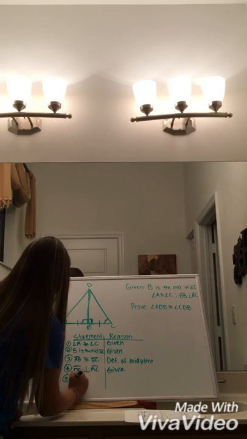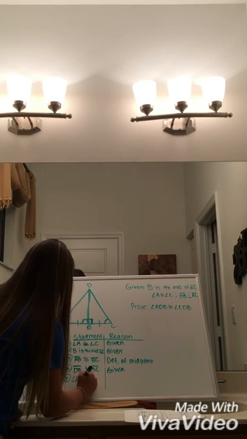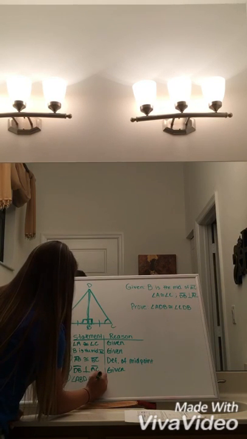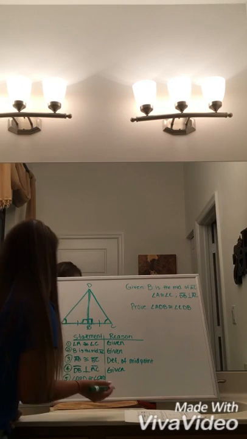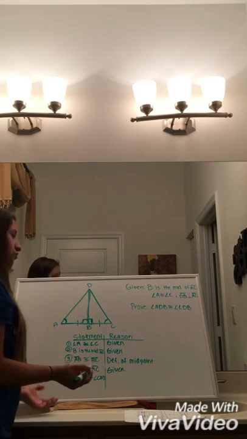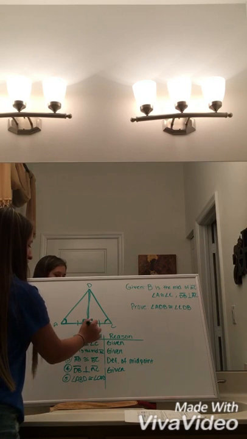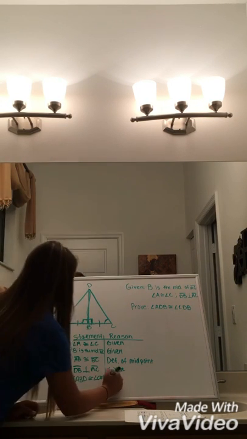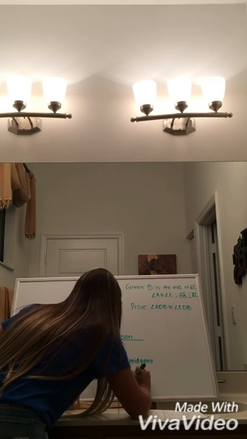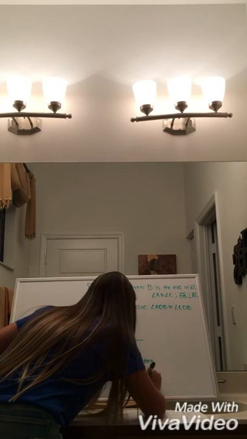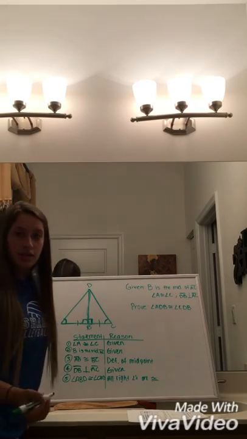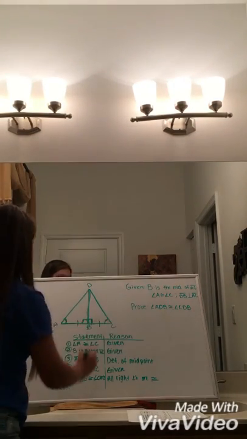So I would write down angle ABD is congruent to angle CBD. And my reason can be that all right angles are congruent. So since this is a right angle and this is a right angle, that means they're congruent. So I'll just write down all right angles are congruent.